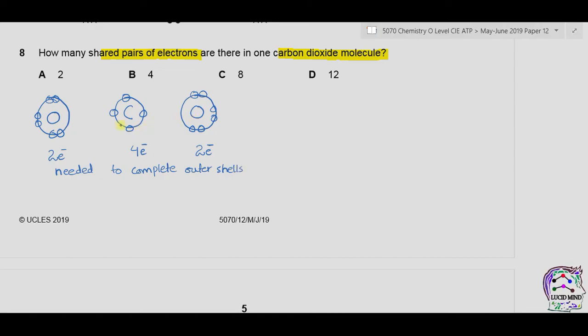As both carbon and oxygens are non-metals, so therefore the type of bonding will be covalent bonding. And in this bonding, carbon will make double covalent bond with one oxygen and double covalent bond with other oxygen atom.